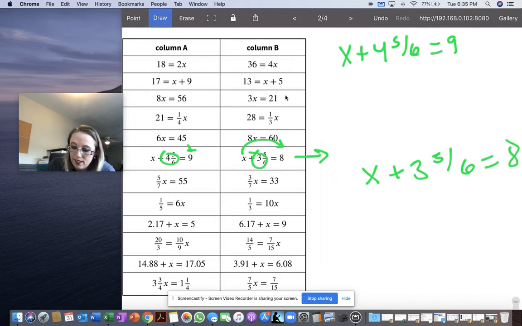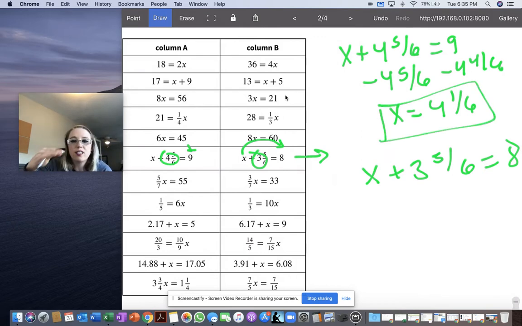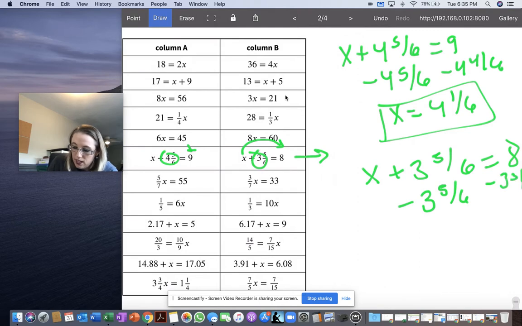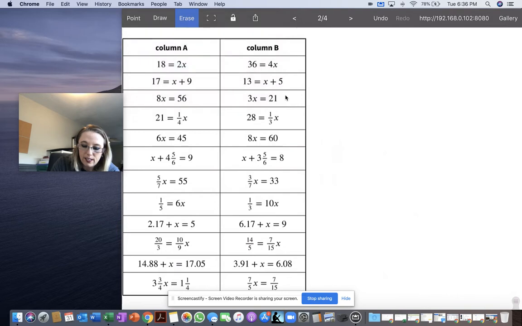So minus 4 and 5/6, 9 minus 4 and 5/6 is going to give you 4 and 1/6. Super important that you're writing every step out, because as these get more complicated, you're going to want to go back and check your work. So same thing here. Subtract 3 and 5/6 from both sides of the equation, and you're going to get x equals 4 and 1/6. Okay? Pause if you need to. Going to erase.